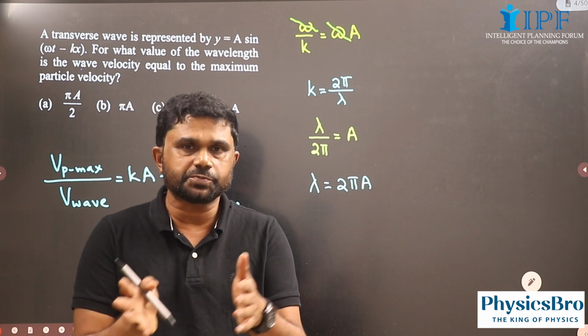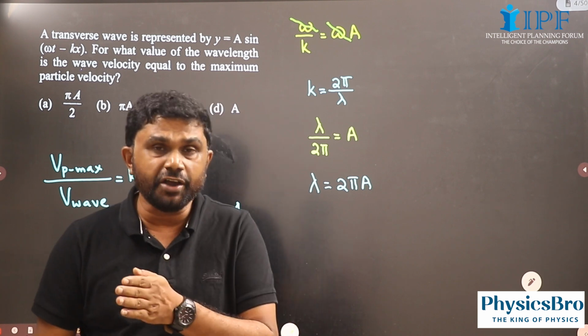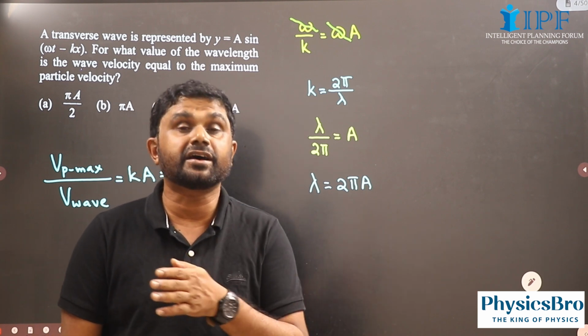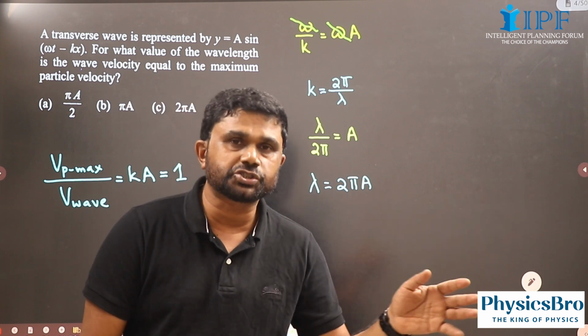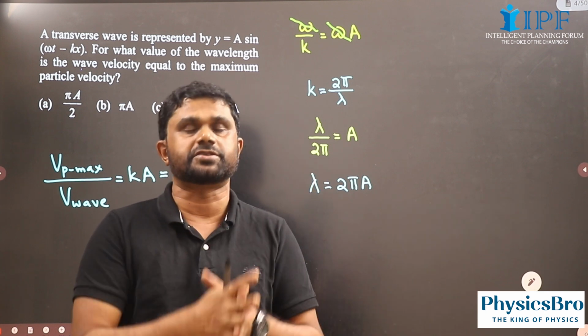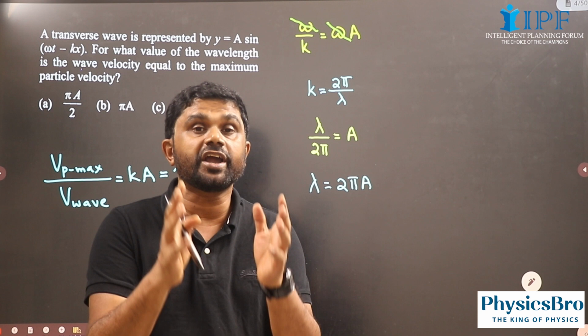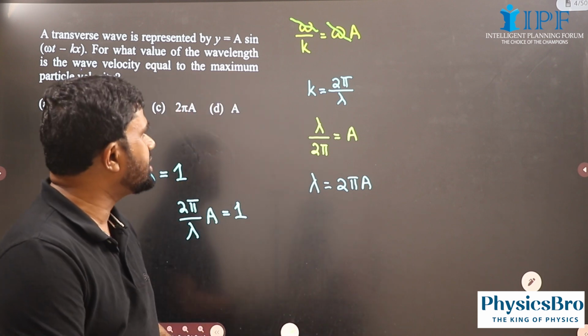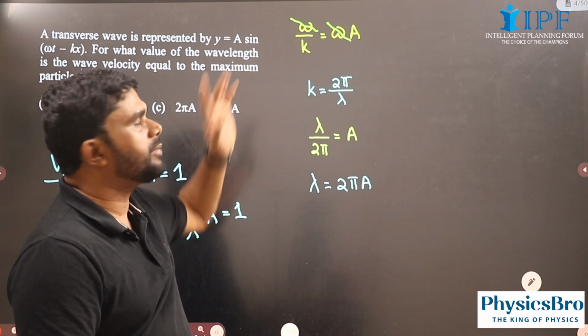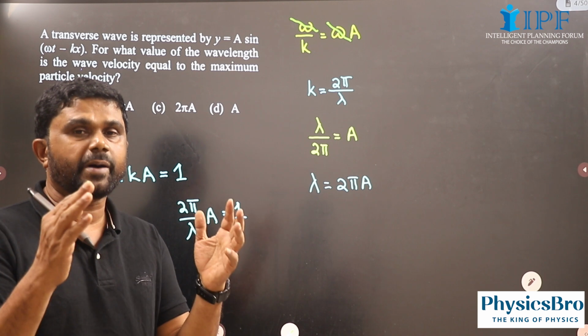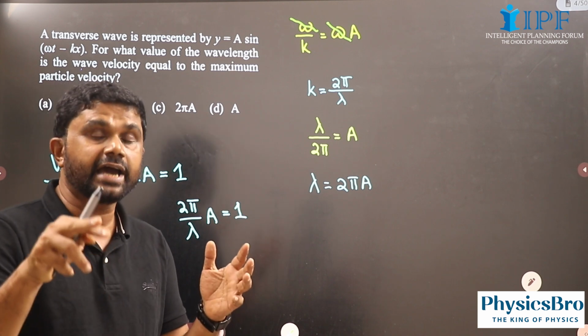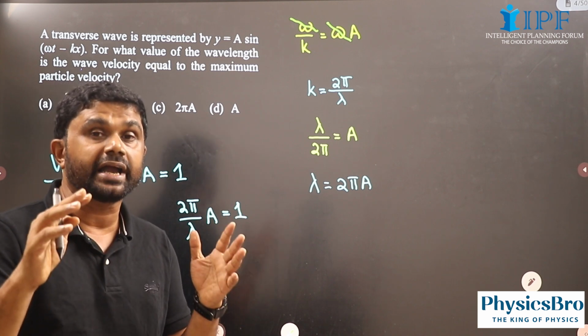Whenever a wave is propagating through a medium, wave motion means energy propagation, and that takes place with a constant speed. It's called the wave speed, and it is omega by k. The particle moves with variable speed, and its maximum value is omega a.